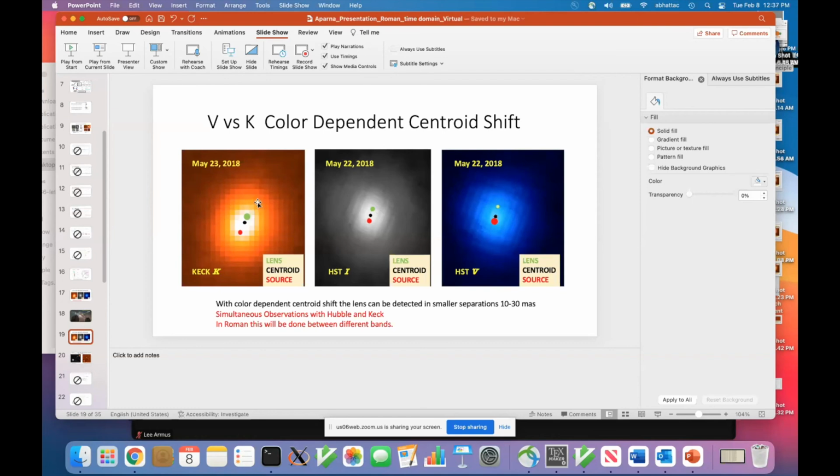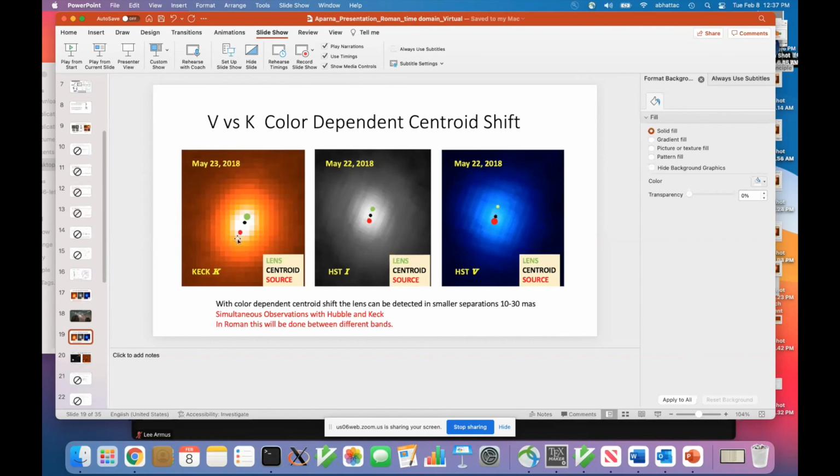Because of that, in the K band we see the lens as even more red than the source. So the lens and source usually have very different colors, and we can distinguish the colors of the two stars in K band versus V band.